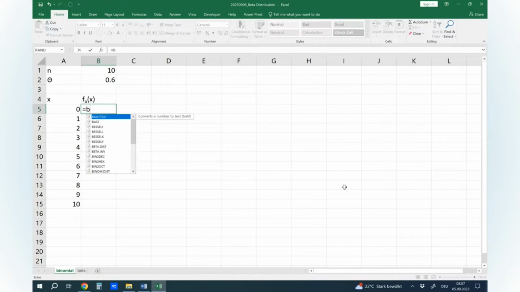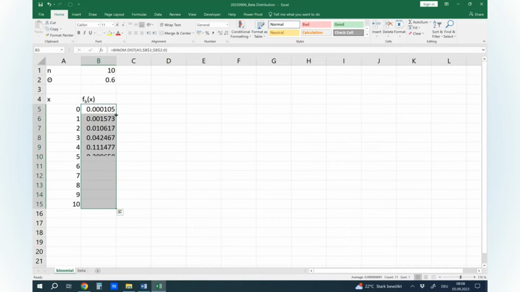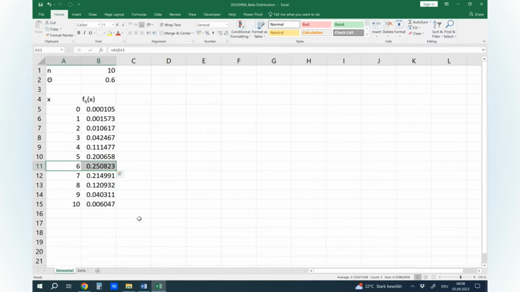I can use the formula BINOM.DIST and these two parameters to calculate the desired probability, as we have done many times before. We find that 6 acceptances are most likely, but 5 or 7 or even 4 or 8 are fairly possible too.